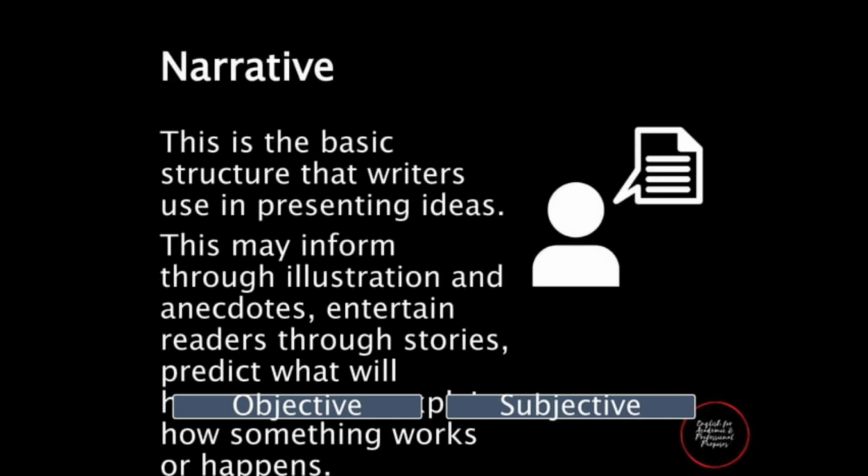How do our writers present ideas? They present through an illustration, a graphic organizer, anecdotes, right? Through notes. And also, in presenting ideas, they use stories. They tell stories or they tell how, kung paano ang isang bagay ay nag-work or how it happens.